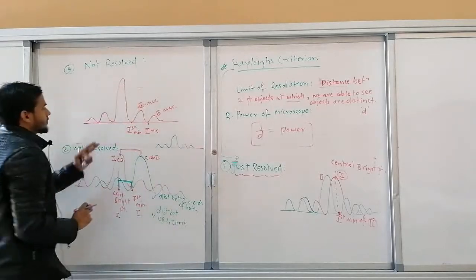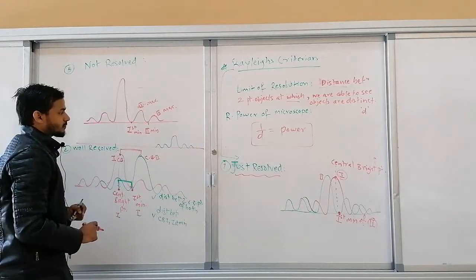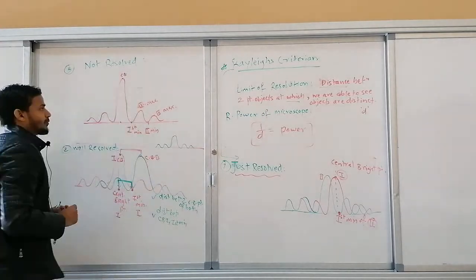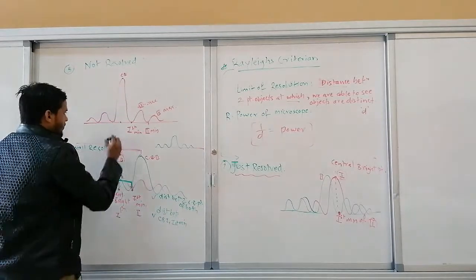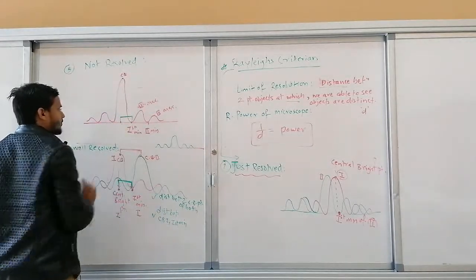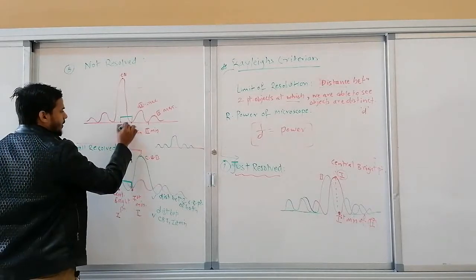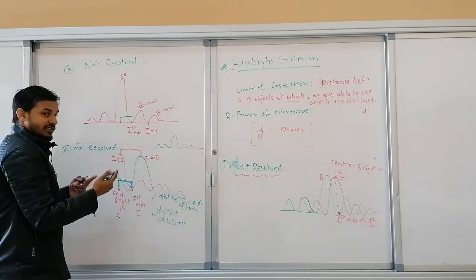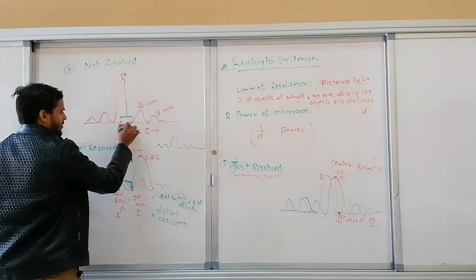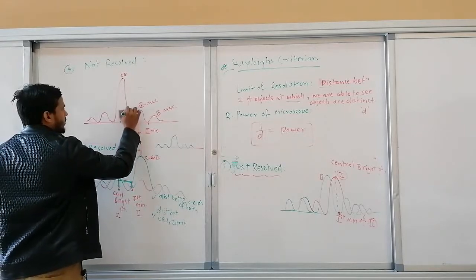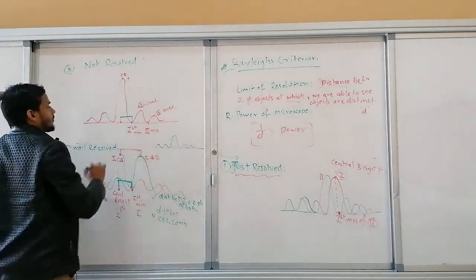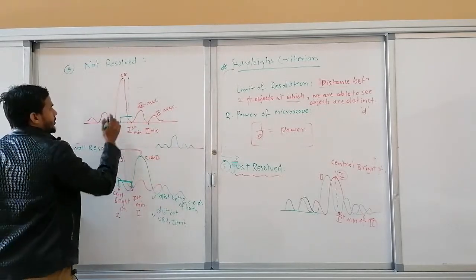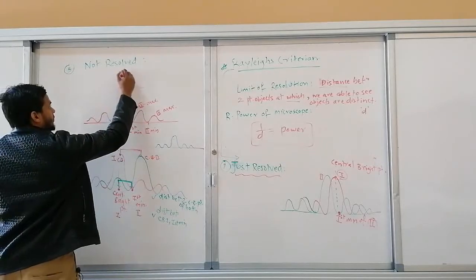For example, this is the diagram: first minimum, second minimum, this is the central bright point. We have this distance to compare, isn't it? Somewhere here I have to draw the central bright point of another wave. For example, I take it here, less than it. So it will come somewhat here, because I want less distance between the two central bright points, and you will notice it.